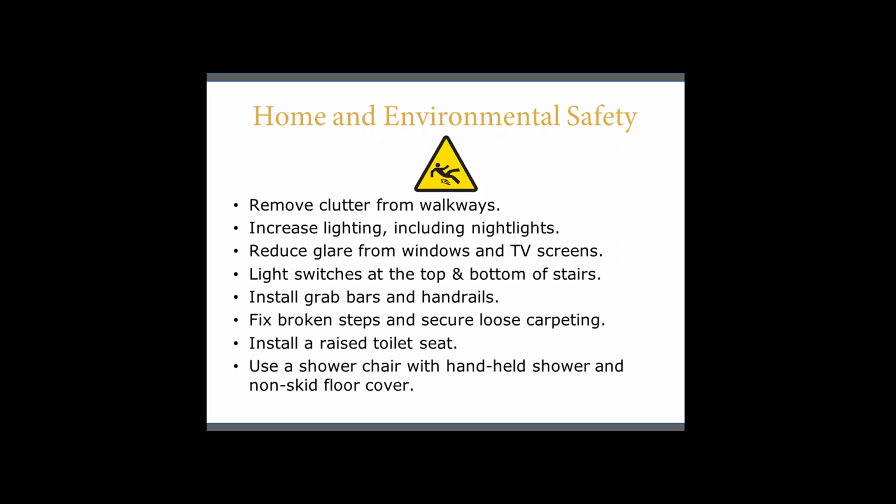We want to increase the lighting, make sure people have night lights for their trips to the bathroom at night. Look at reducing glare, as we already talked about, installing light switches at the top and the bottom of stairs, grab bars, handrails for the bathroom, securing any loose carpeting or flooring. And then we want to look at changes to the bathroom, like a raised toilet seat, a handheld shower hose, grab bars, non-skid flooring, and things like that to prevent falls in the bathroom.